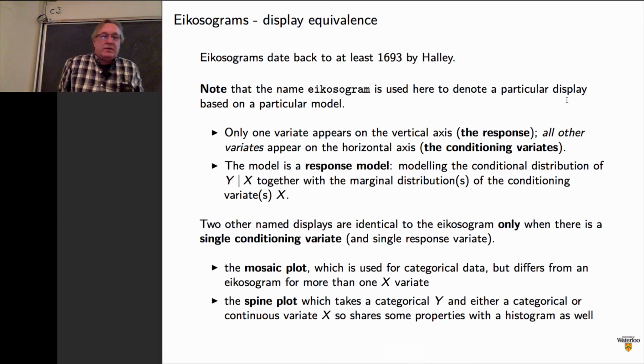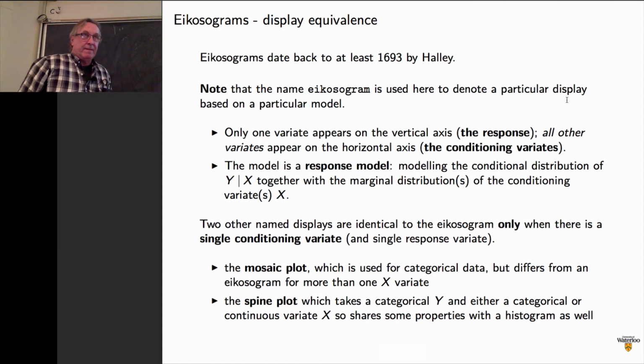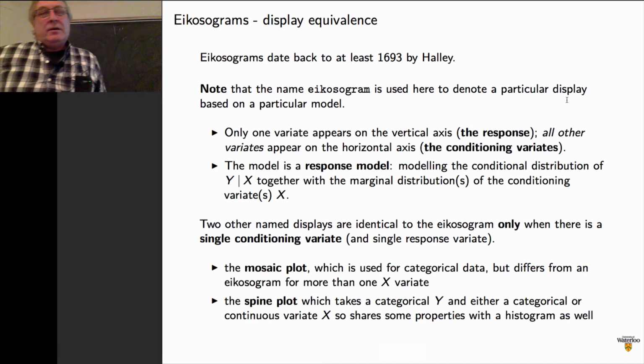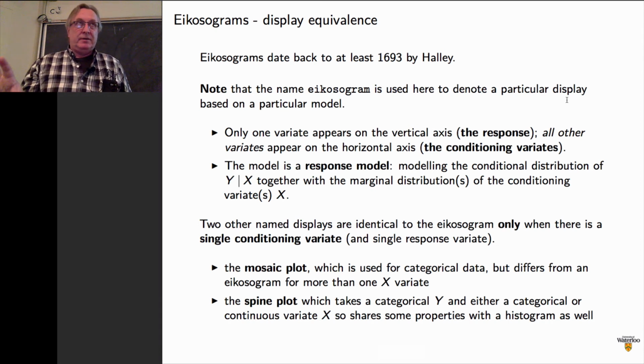so these Eikosograms, they are really, really old. They at least go back to the 17th century. Not always by that name, but they go by a variety of names. I prefer to use the Eikosogram sort of exclusively for this thing that really embeds the probability. And it's got one response and everything else is conditioning.